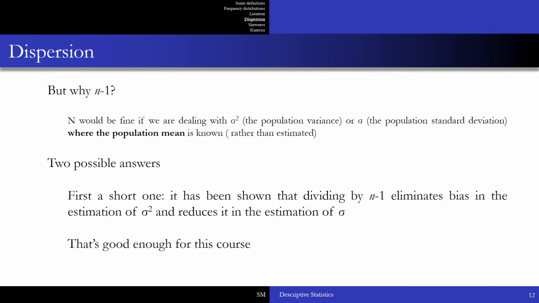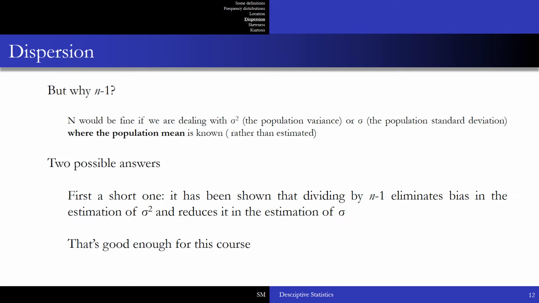Now, returning to our question, why n-1 in a sample? Well, first of all, let's take a step back. When we're looking at sample data, we're normally looking at sample data because we want to make an inference about a population value. Okay, so here's the first of the two possible answers, a short one.